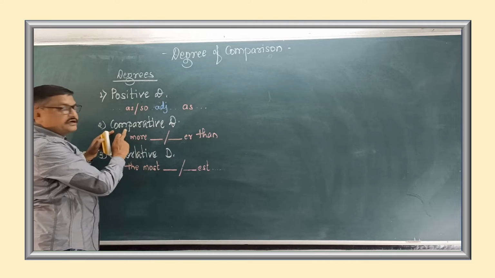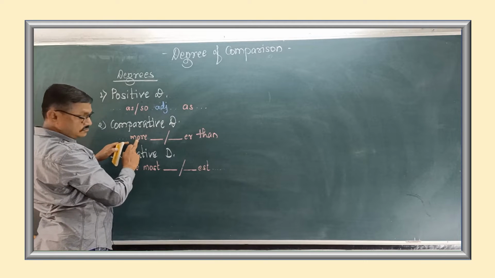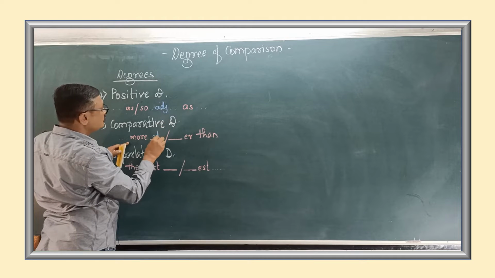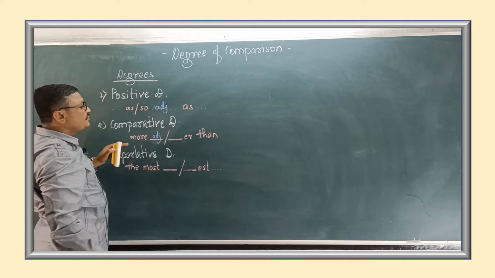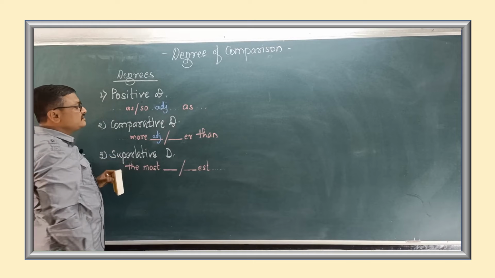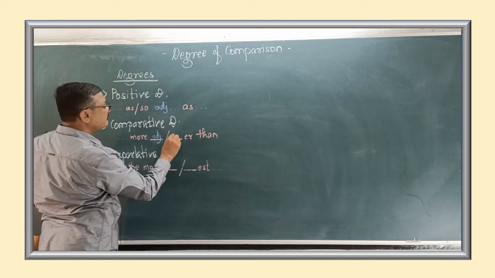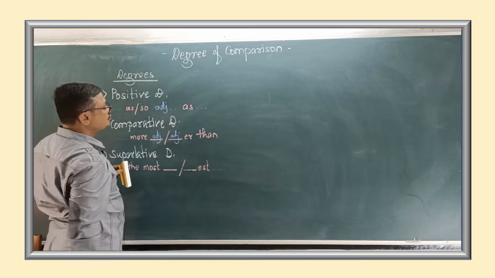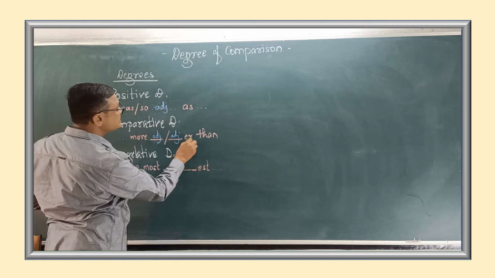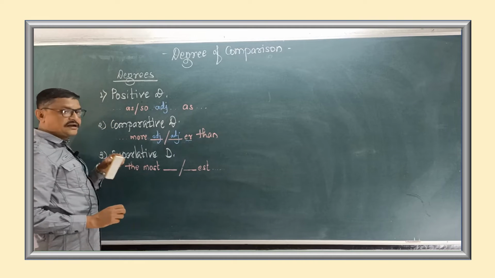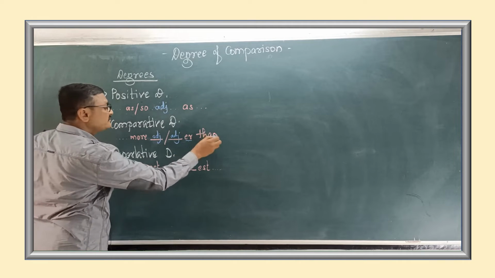For comparative degree, more is used for the adjectives which can't carry the suffix er, and the adjectives which easily carry the suffix er are used there in the comparative degree, followed by than.